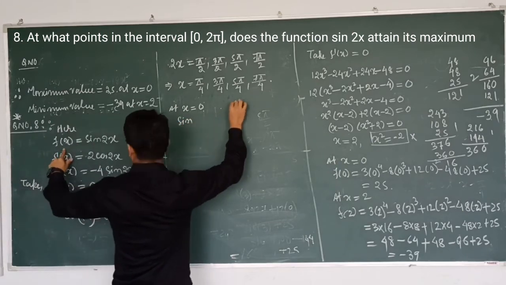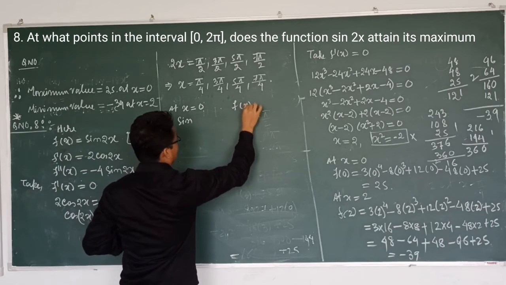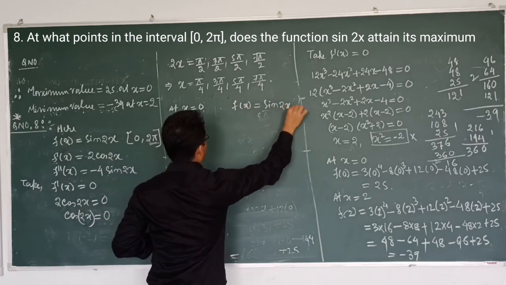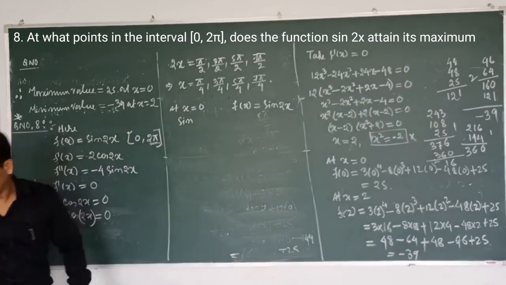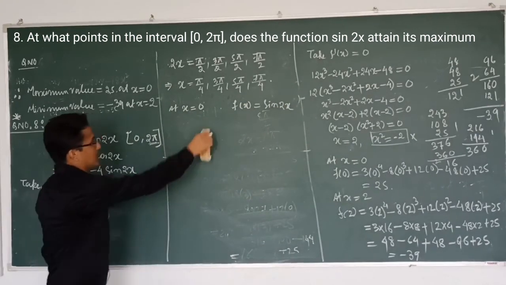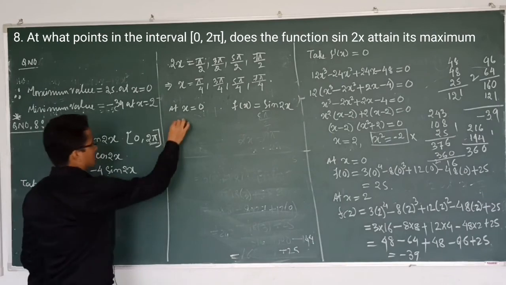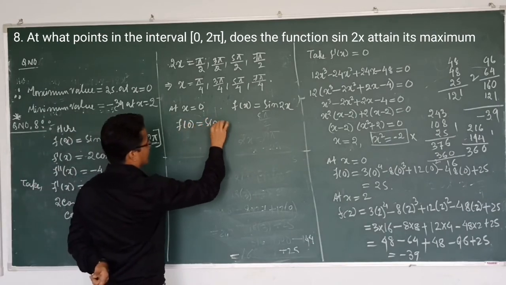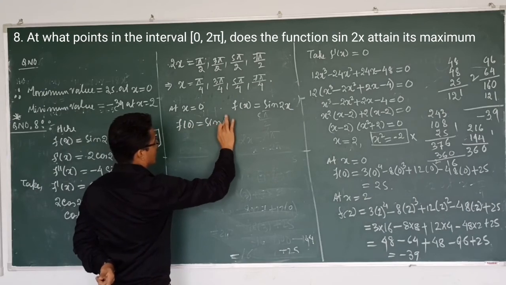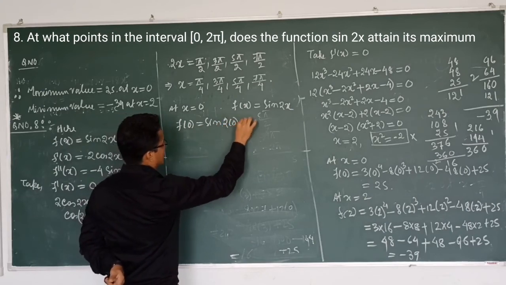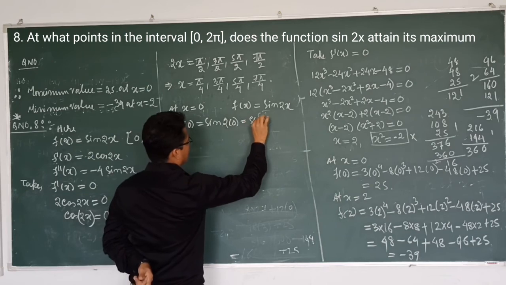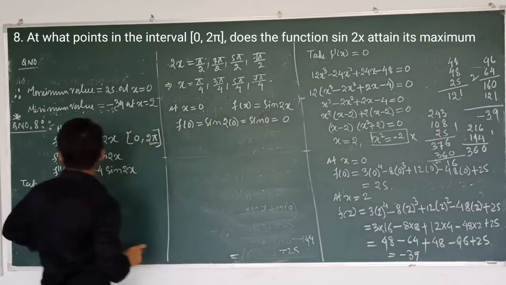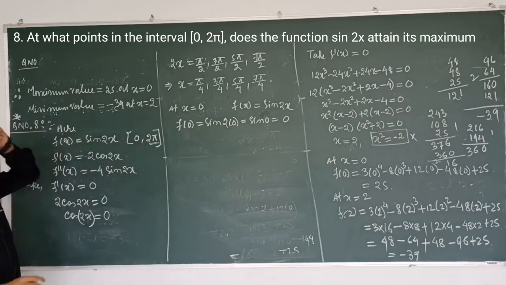Our function is sin 2x. At x equal to 0, f of 0 is sin 2 into 0, that means sin 0, which is 0.